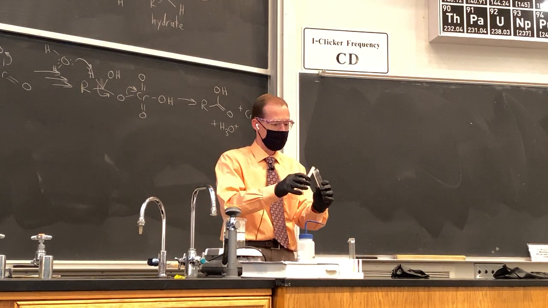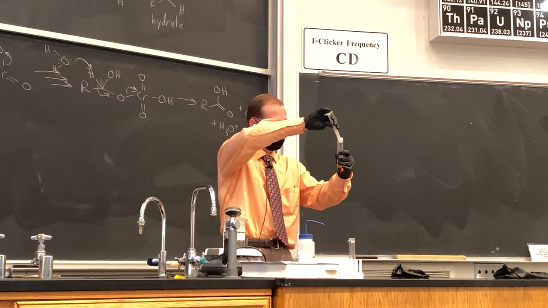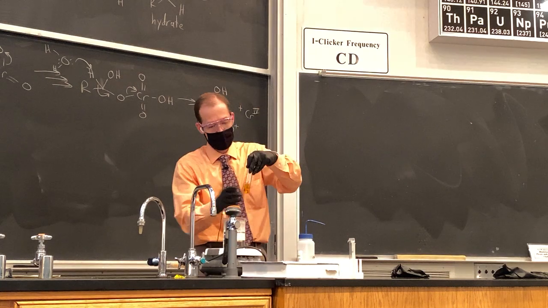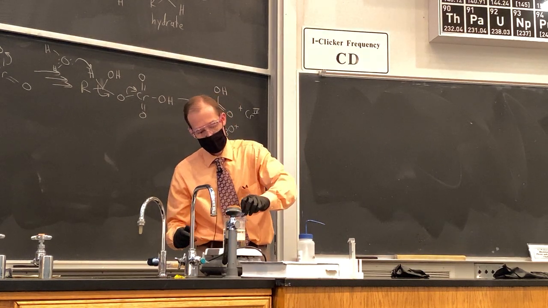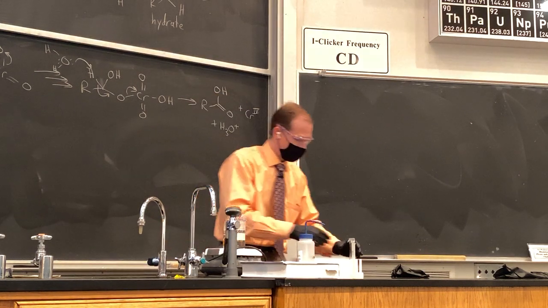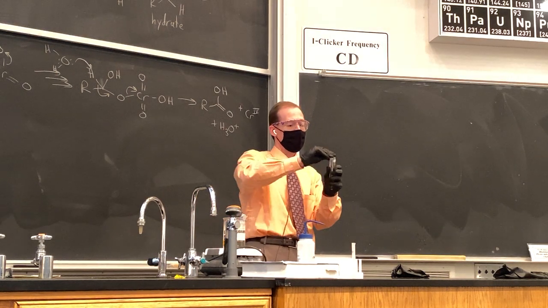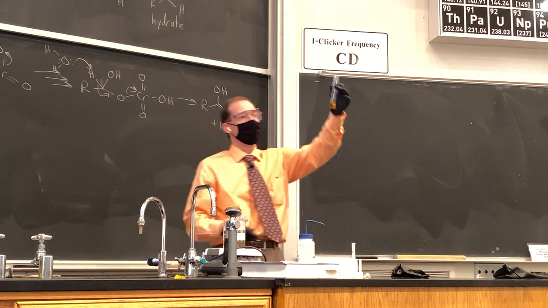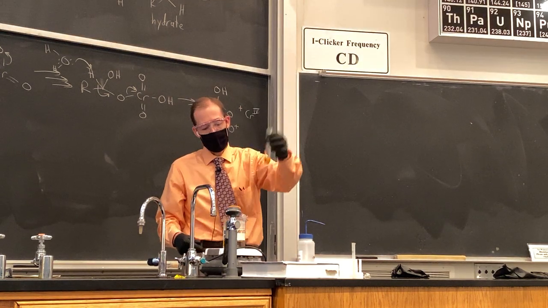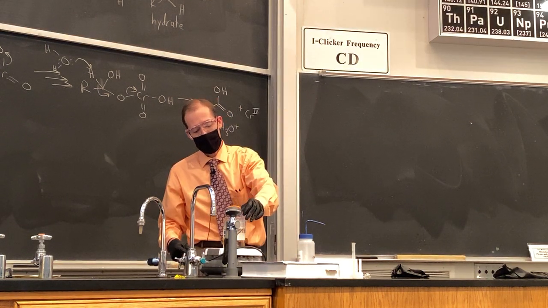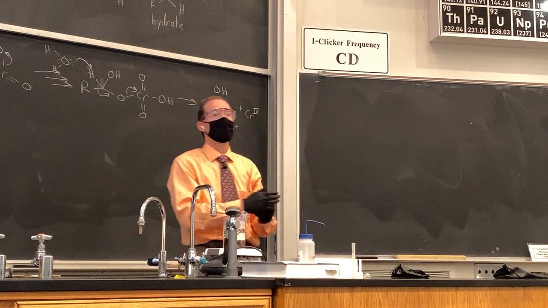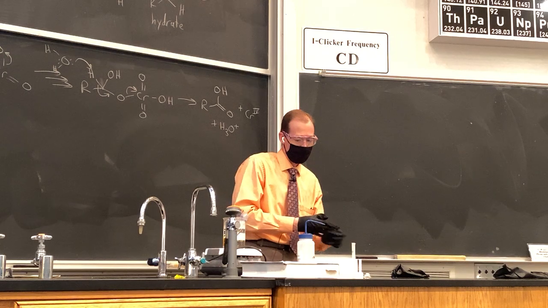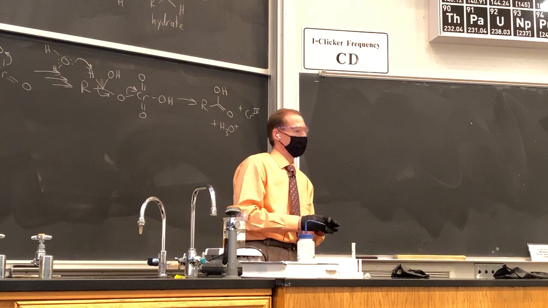Okay, so we're going to pour our ethanol in. Mix that up. Put that into our water bath. And then as a control, just so that you can see the color change more clearly, we have the dichromate that we didn't add any ethanol to, and we're going to put that in the water bath as well. Okay, and it'll take a few minutes to change colors, so we'll come back to that shortly.